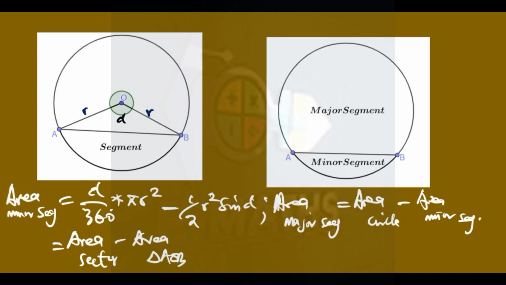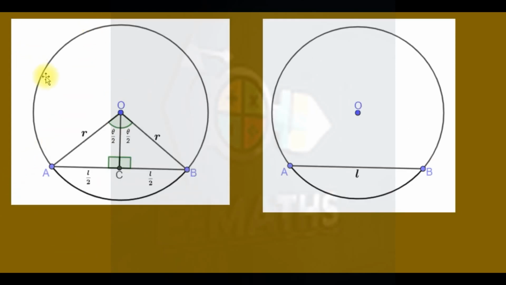So let's go over to length of chord. A chord is just the distance between two points on the circumference. We can also see that a diameter is a special type of chord. Assuming the length of this chord AB is L, we want to get its length.